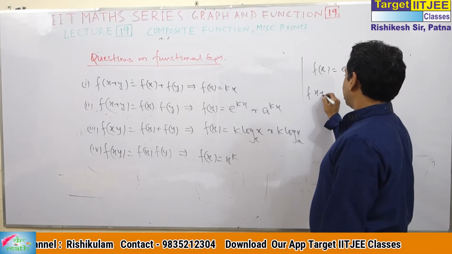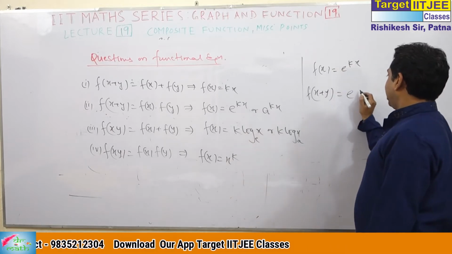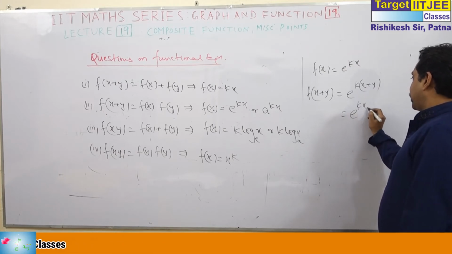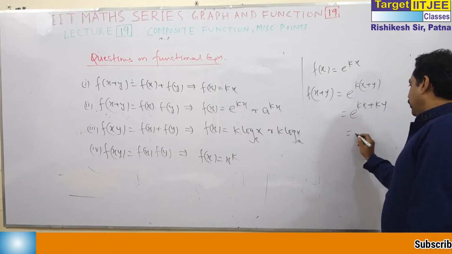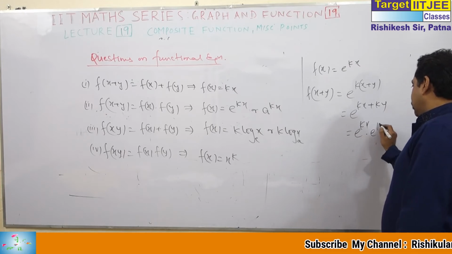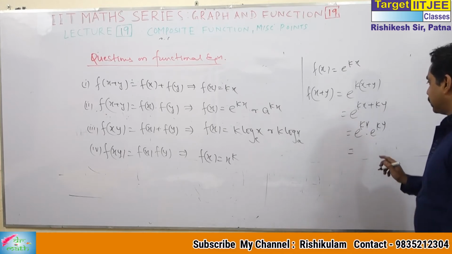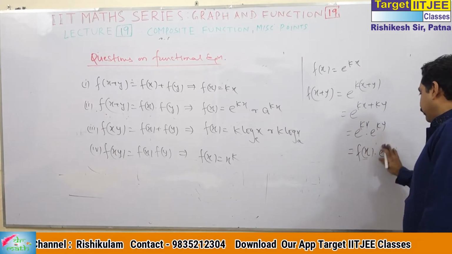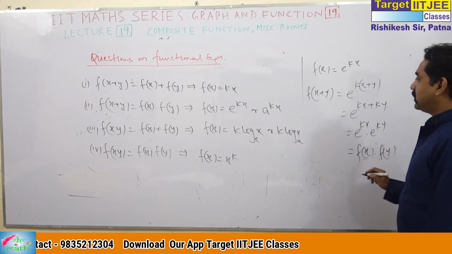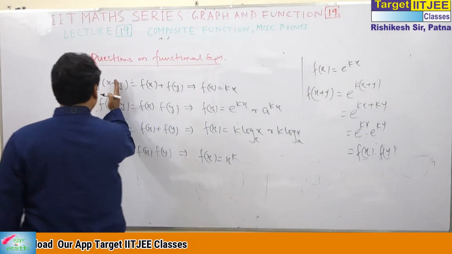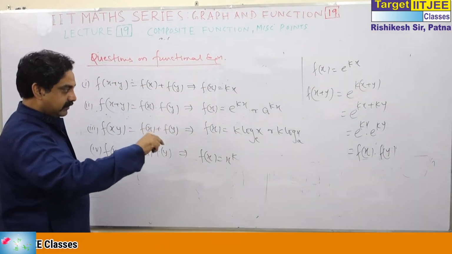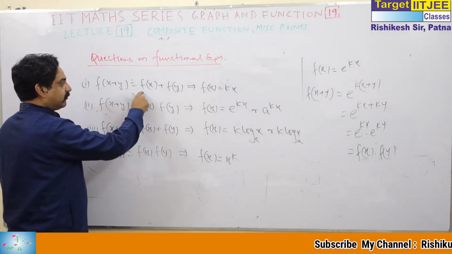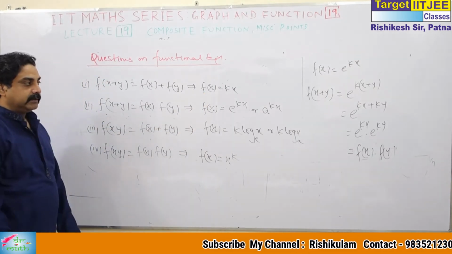So what is f(x+y)? It is e^(k(x+y)), which is e^(kx+ky), which is e^(kx) into e^(ky), and e^(kx) is f(x) and this is f(y). You can check from this side to this side. But how we get from this side to this side, I will prove in differentiability.